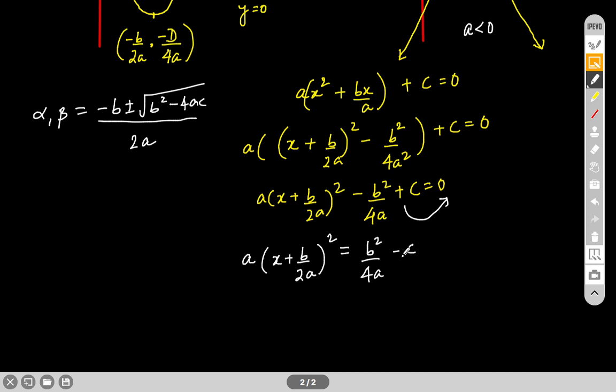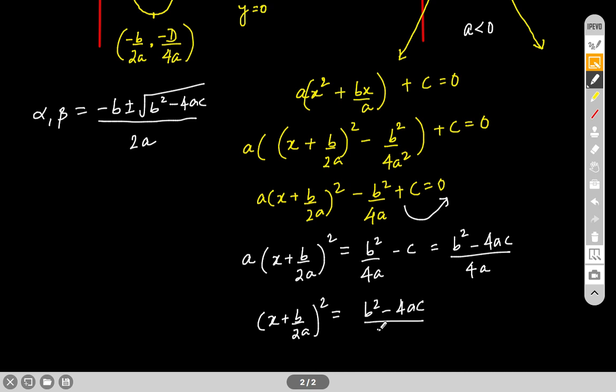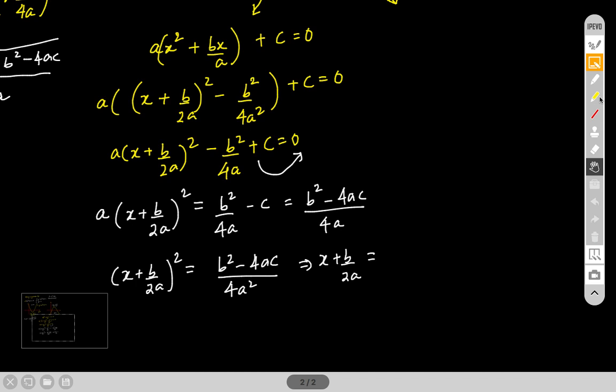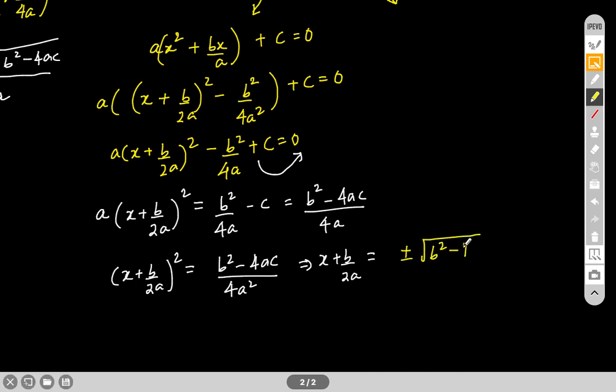Yeah, I meant completing the square. I don't know why I said splitting the middle term for some reason. Okay. So if you bring this a down, it becomes b square minus 4ac by 4a square, which implies that x plus b by 2a is plus minus root of b square minus 4ac by 2a, correct?